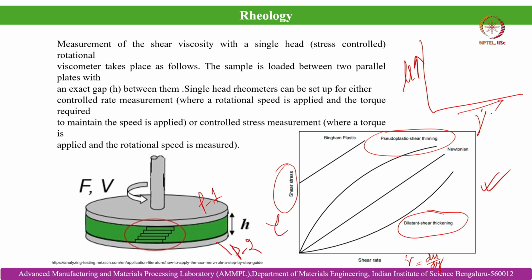Here the viscosity value starts dropping as and when we increase the shear rate. This is the property that we are taking advantage of, during die filling also, because the die, even if it is preheated, is relatively cooler than the liquid melt, which is poured at a high superheat or low superheat condition.